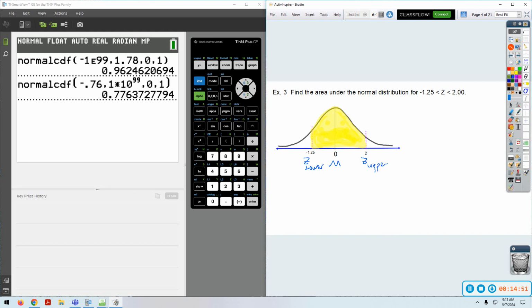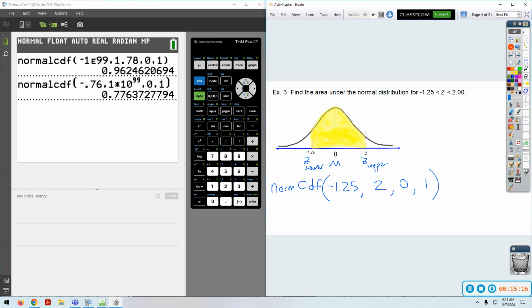Like the last problem, it's going to be a norm CDF. We're going from a z-score of negative 1.25 up to a positive 2 with 0 as my average and 1 as my standard deviation.